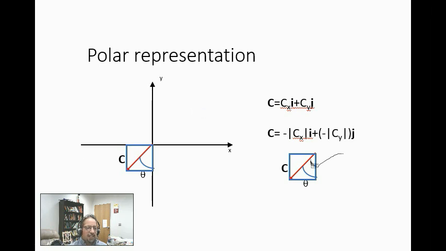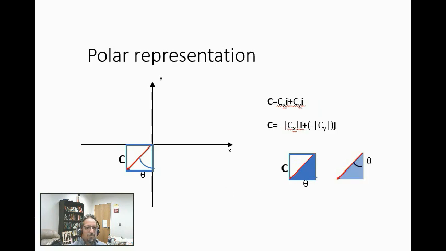And now let us try to get the components of C. Aha! So what I'm going to do is draw, I put here in blue, to make it even clearer, this triangle right here. So there's a triangle right there that we are going to use. And let us take a look at this triangle. It has an angle theta. This is my vector. And here on the sides are the components.